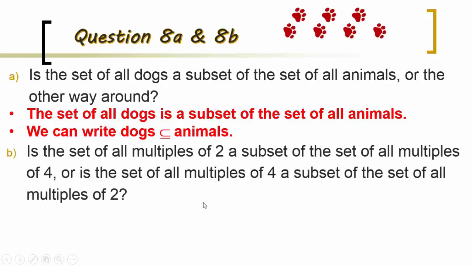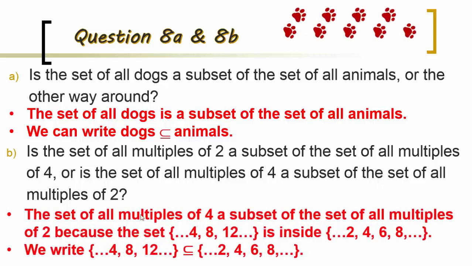How about, is the set of all multiples of 2 a subset of the set of all multiples of 4, or is the set of all multiples of 4 a subset of all multiples of 2? Well, let's look at it. We see the multiples of 4, and let's look at the multiples of 2. So here are the multiples of 4.